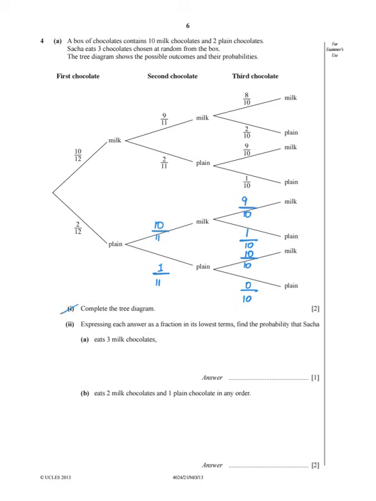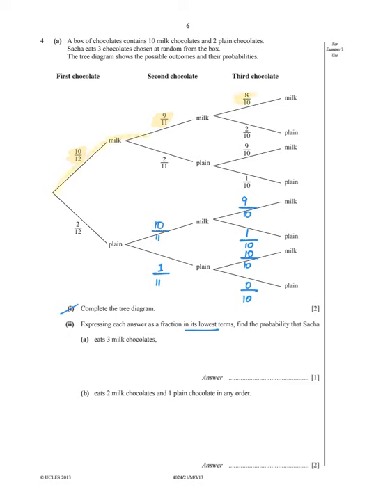In the next part, express each answer as a fraction in its lowest term. Find the probability that Sasha eats 3 milk chocolates. Alright. So if she picks the first milk chocolate, that probability is 10 upon 12. After that, if she picks another one, it's 9 upon 11, and after that another one, so it's 8 upon 10.